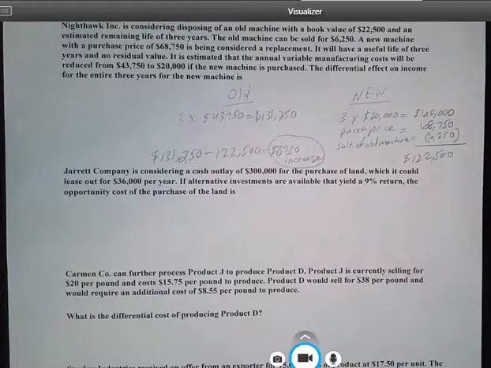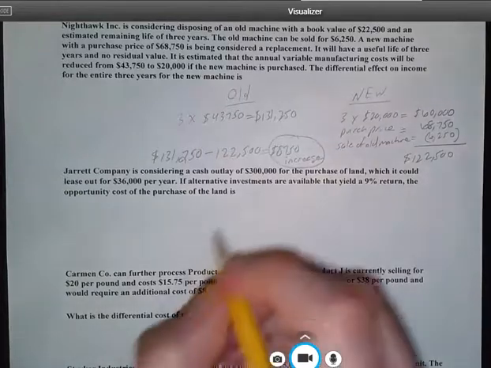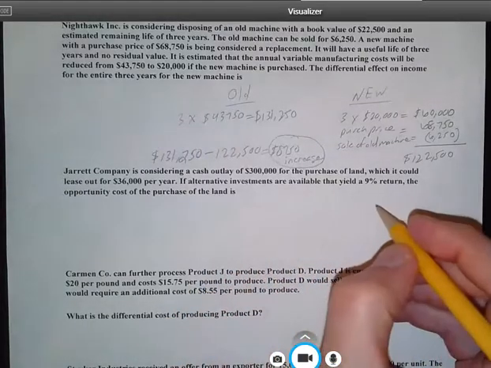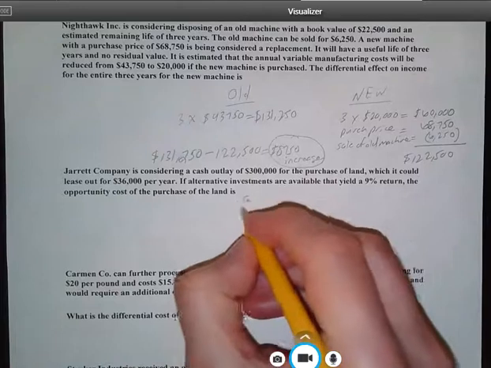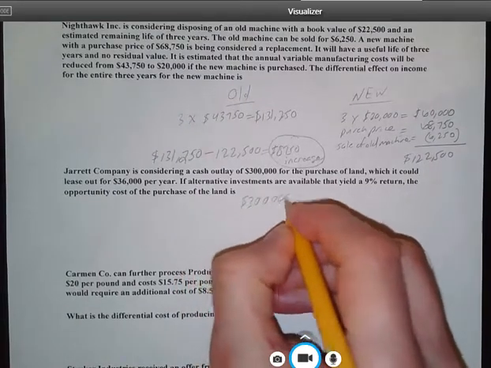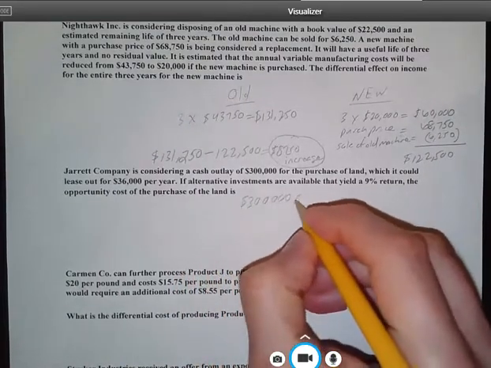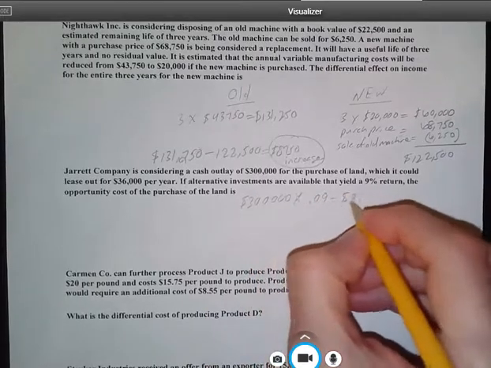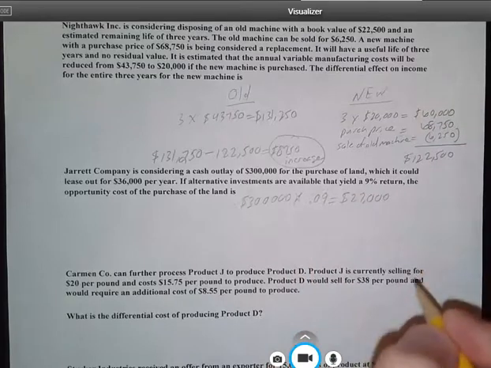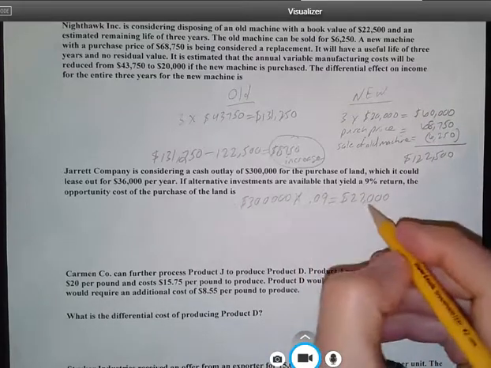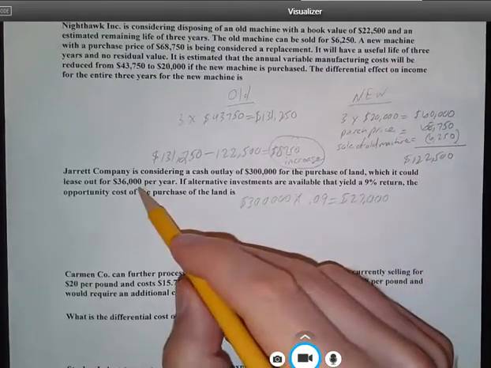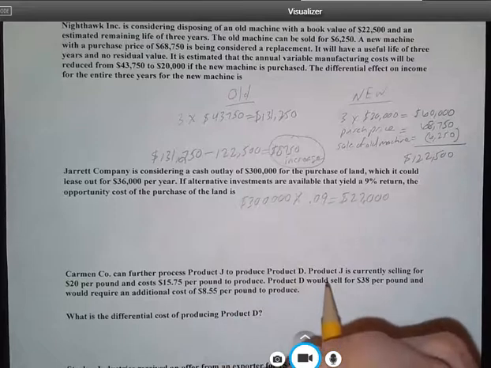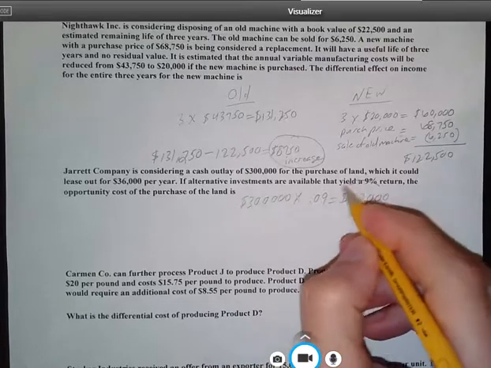Okay? So you might be tempted to take the 300,000 times the 0.09, come up with 27,000, and then subtract that 27,000 from the 36,000 and say that the answer is $9,000. That's incorrect.